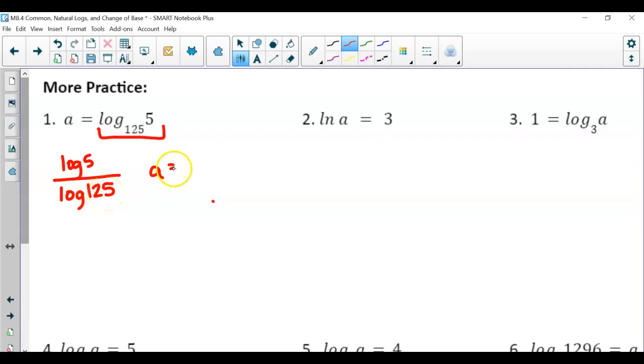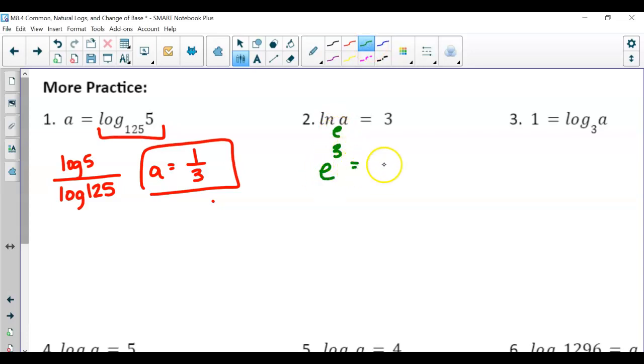And you end up with a is equal to 1/3. Then in number 2, you should have noticed with the natural log, you have the base of e. So you have e to the third power is how you should have set this up to solve for a. And a is approximately 20.086.